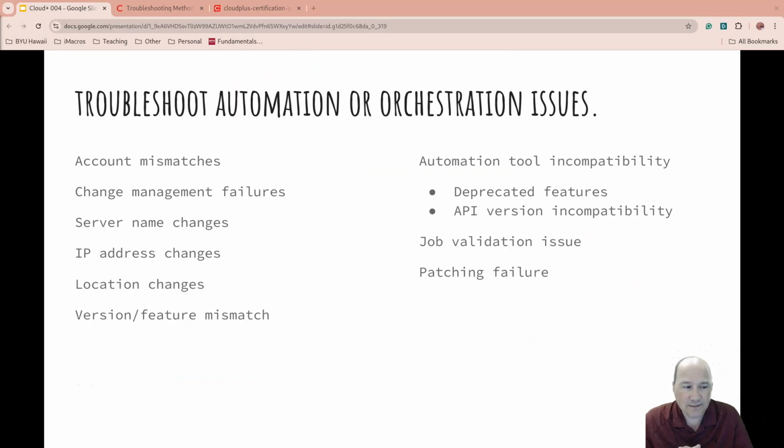Location changes. Is there a version or feature mismatch? Is there a tool incompatibility? This is where just time can cause something to fail. For example, I had a developer not happy at all with me at one point because their stuff stopped working, and it's because they were using deprecated features, and eventually those features went away.